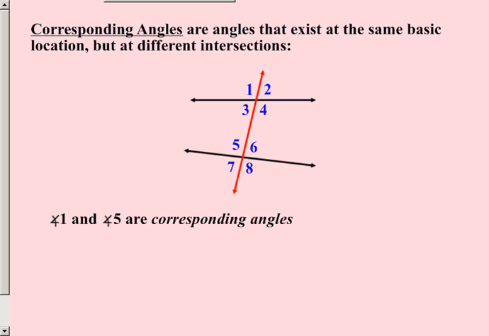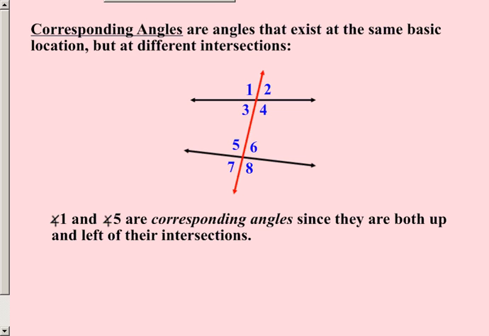So for example, angle 1 and angle 5 are considered to be corresponding angles. And the reason that angle 1 and angle 5 are corresponding angles is because they are both in the same basic position, which would be up and to the left from their intersections with the transversals.